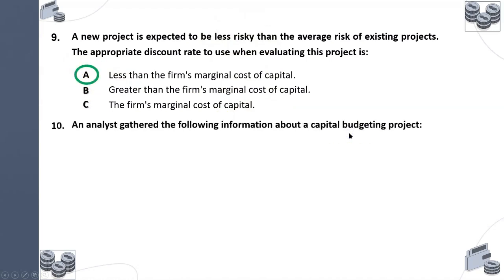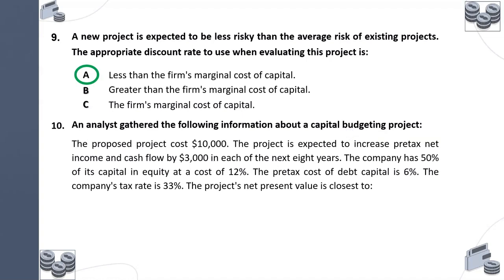Let us go to number 10. An analyst gathered the following information about a capital budgeting project. The proposed project cost $10,000. That is the initial outlay in any calculation. It is a cash outflow, so a negative 10,000. The project is expected to increase pre-tax, this is very important, net income and cash flows by 3,000.